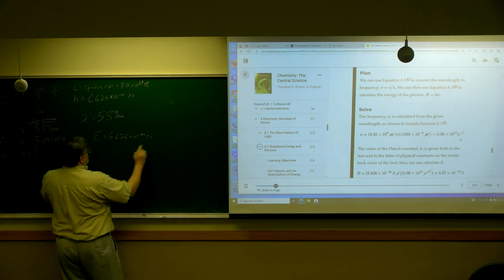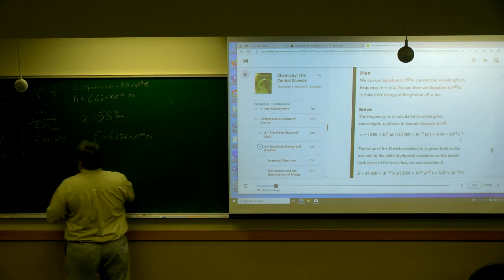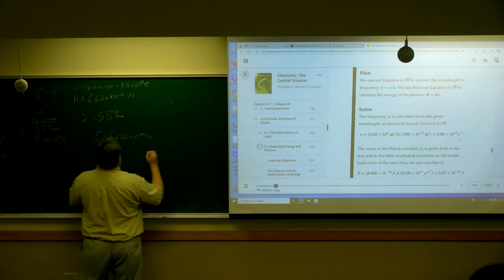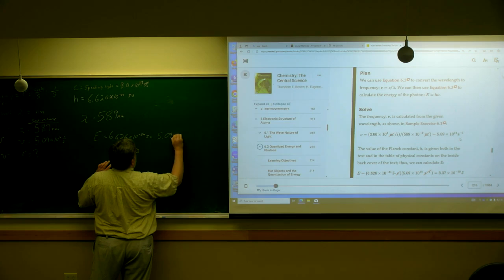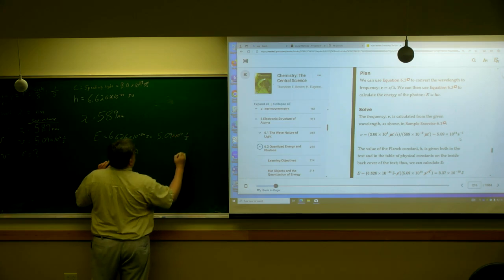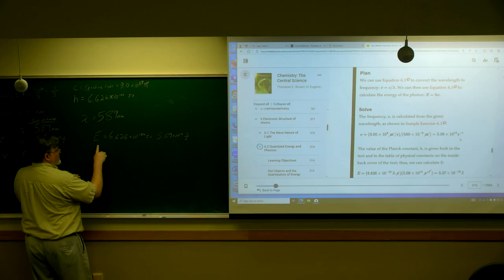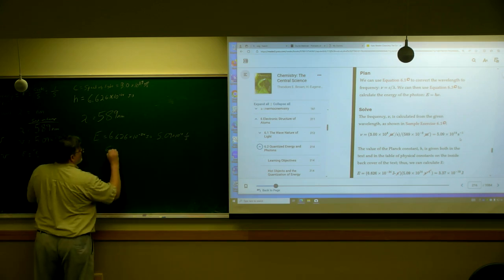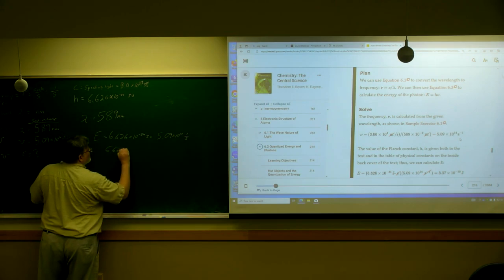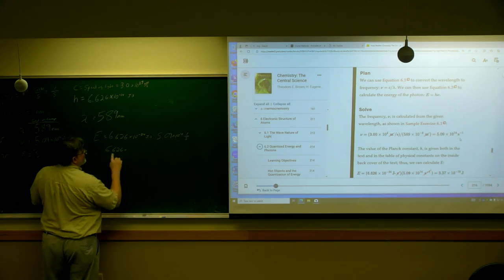So now we've got joule seconds times our frequency, 5.09 times 10 to the 14, 1 over S. And you see that the S will cancel, and it will be in joules, which is what energy will be in. It depends on your calculator, but I would just do this in my calculator.